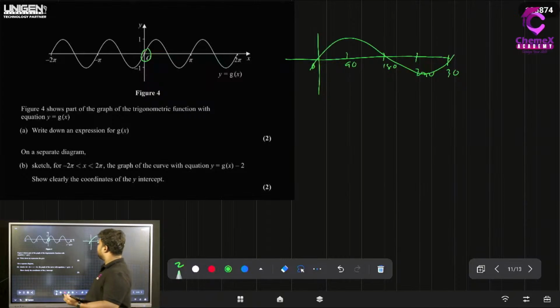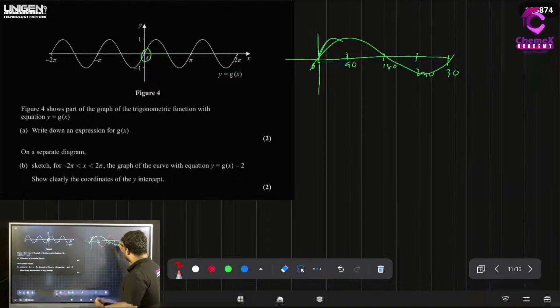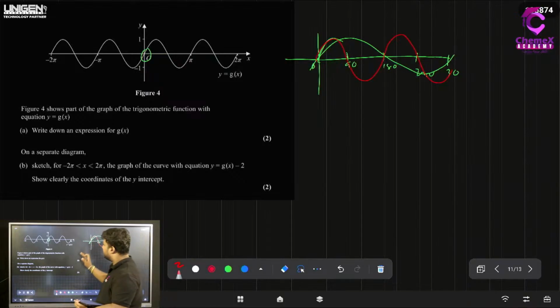But in this case, what has happened? It has squeezed. That means this had come to here. By how many, 2 times or 3 times? How do you find that? This is a good question.